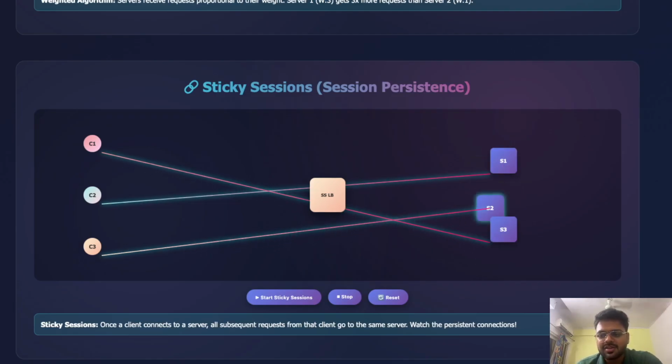For user authentication, we store the local session on our local servers, so a sticky session comes into the picture. This is how the choice of load balancing algorithm helps us reduce the load.